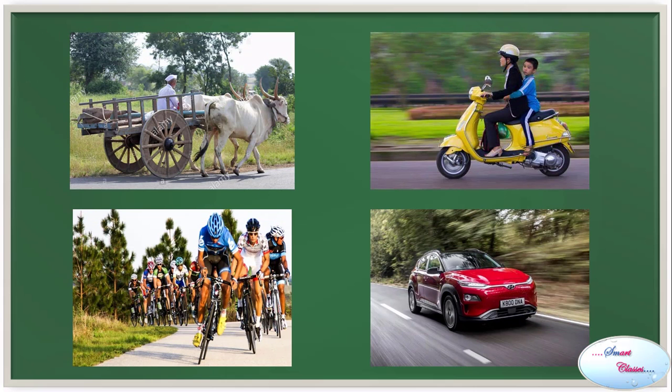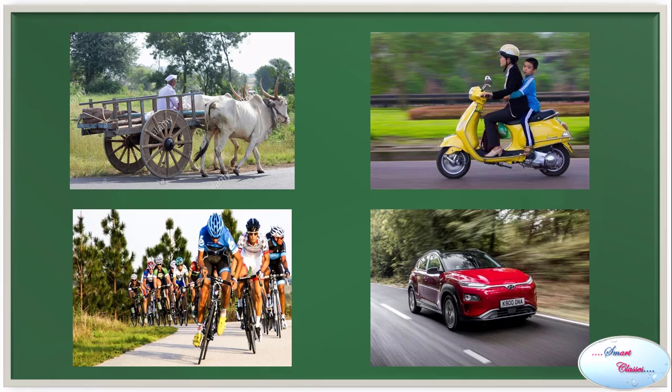You might have seen some bullock carts, bicycles, scooters, cars moving around. How do you tell which one shows slow motion and which one shows fast motion? The answer here is simple. You compare them by the change in positions with regard to time.